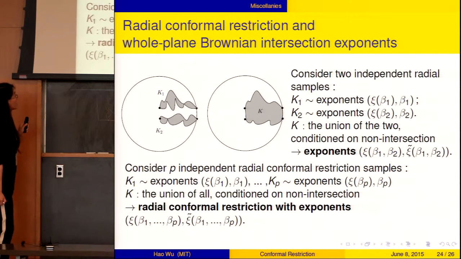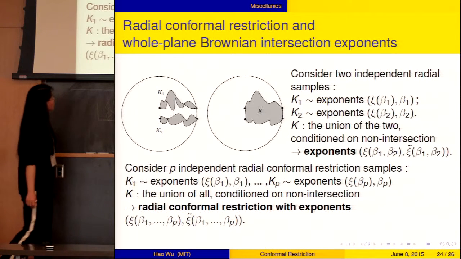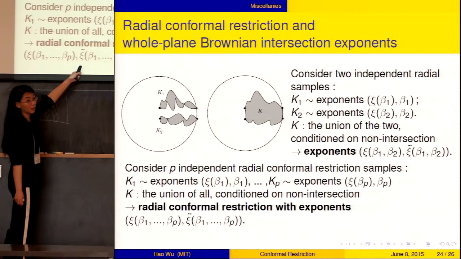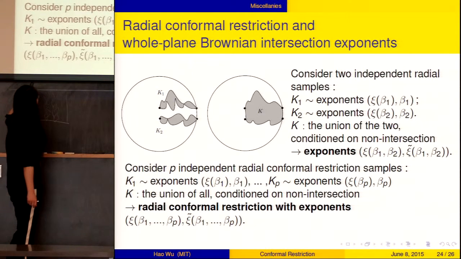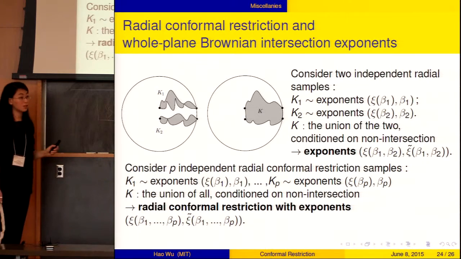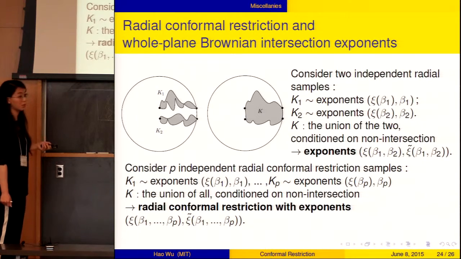And the same idea holds for K sets. So take K independent ones, condition on no intersection, and take the union of all of them. The union has the same law as a radial conformal restriction measure. The boundary exponent becomes the half-plane intersection exponent. The interior exponent becomes the whole-plane intersection exponent. So this is how the Brownian intersection exponent and the conformal restriction measure are precisely related.